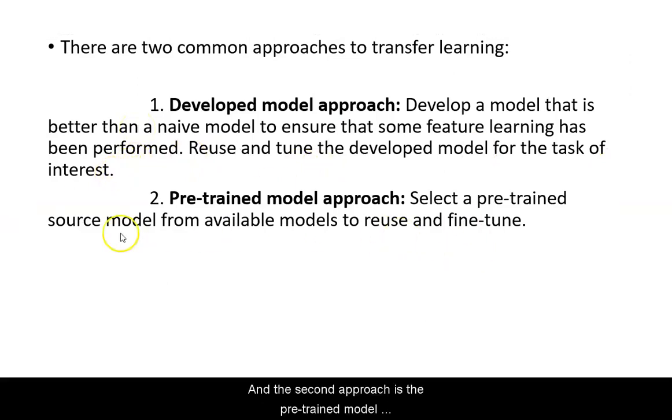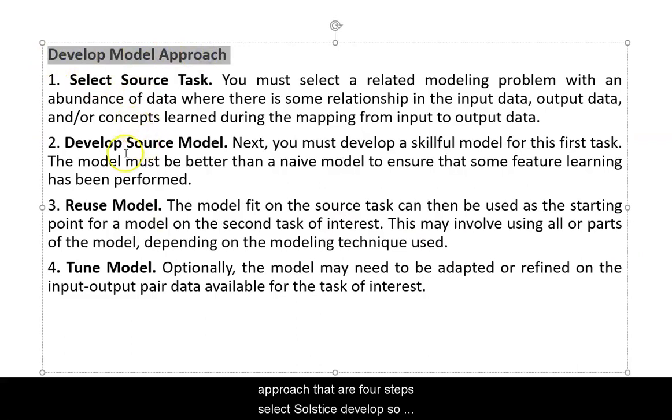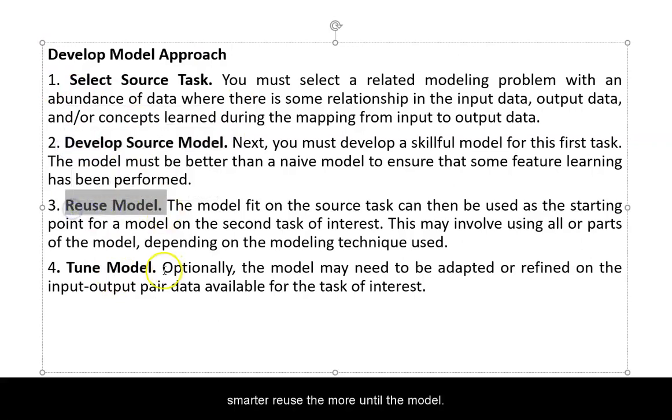And the second approach is the pre-trained model approach, where we select a pre-trained source model from available models to reuse and fine-tune. For example, as you can see, in the developed model approach there are 4 steps: select source task, develop source model, reuse the model, and tune the model.